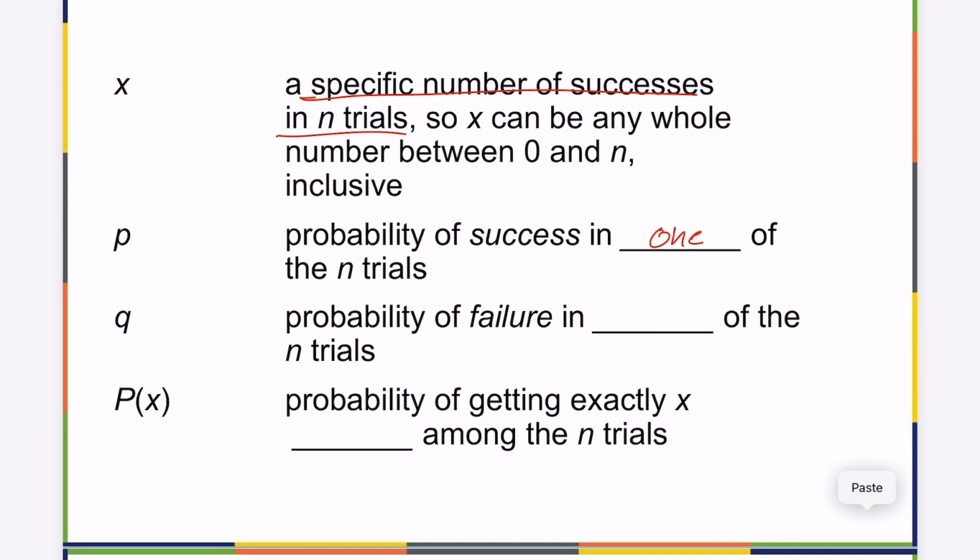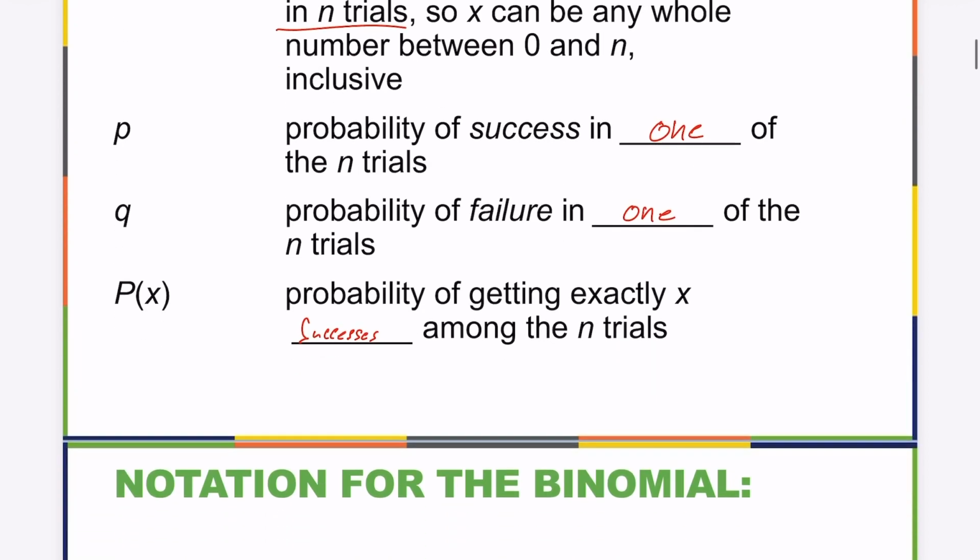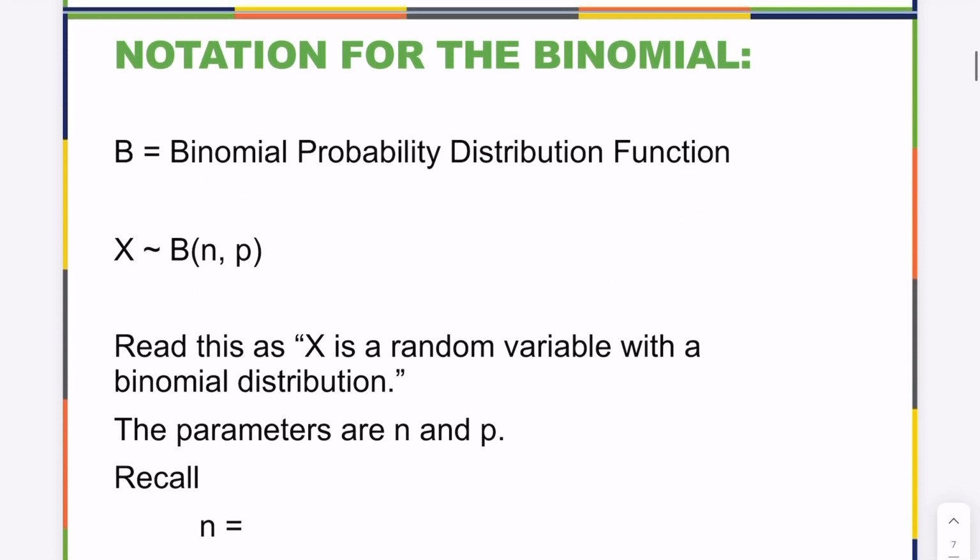So P is the probability of success in just one Bernoulli trial. And Q is the probability of failure in one Bernoulli trial. So one of those either-or trials, one of those success or failure trials. The probability of X is the probability of getting exactly X successes among the N trials. All right, so here's some notation.